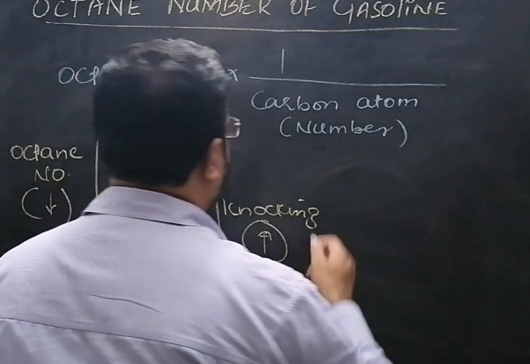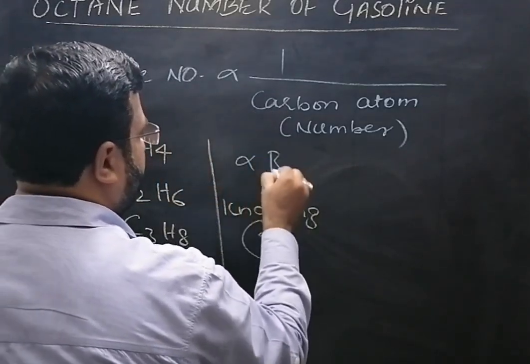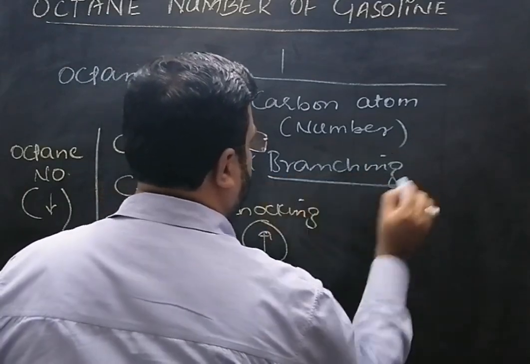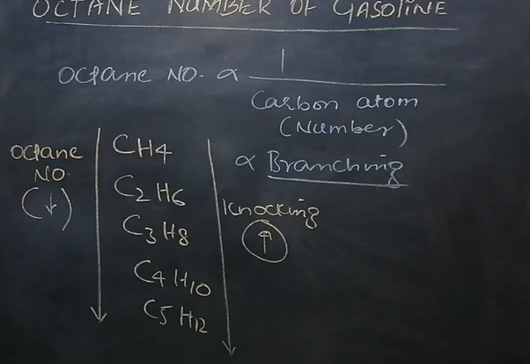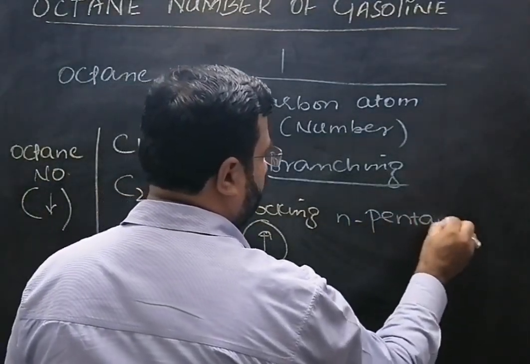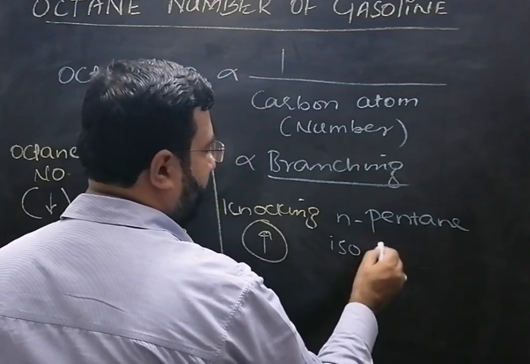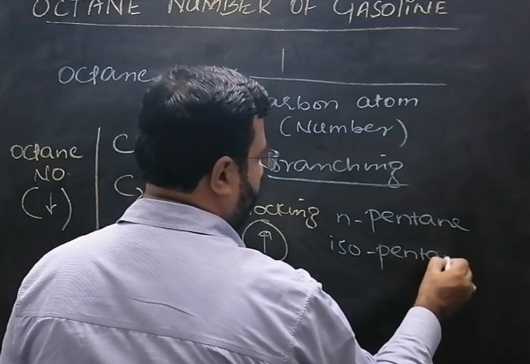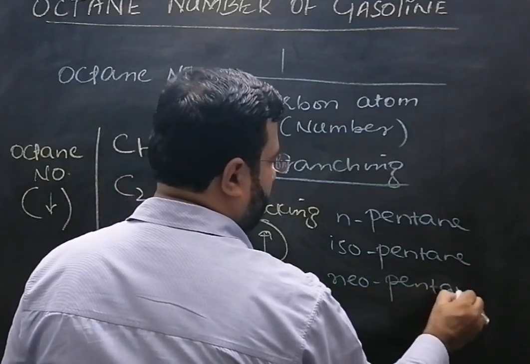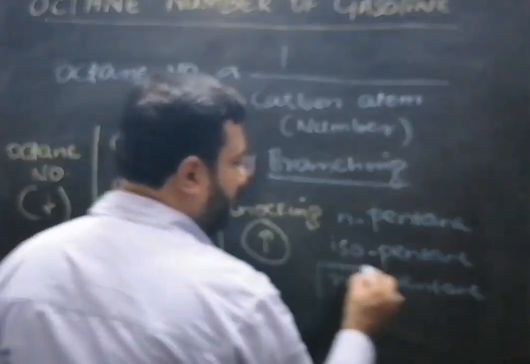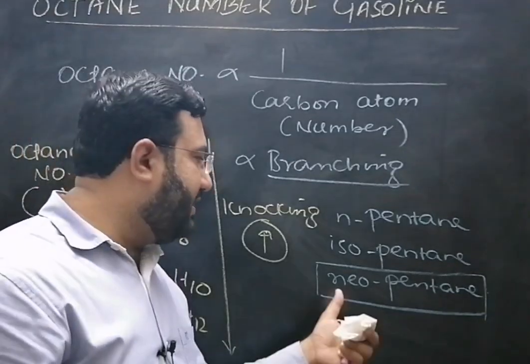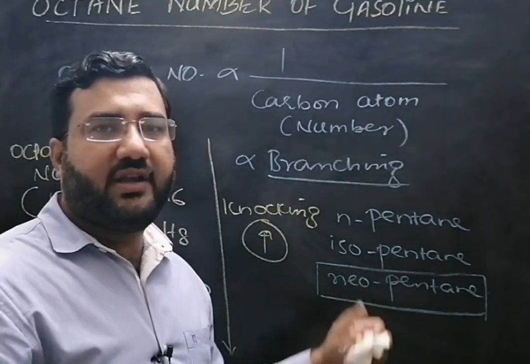The second one is that octane number is directly proportional to branching. So if you have n-pentane, isopentane and neopentane, the maximum octane number will belong to neopentane, and the maximum octane number means that it has the minimum tendency of knocking in the engine.